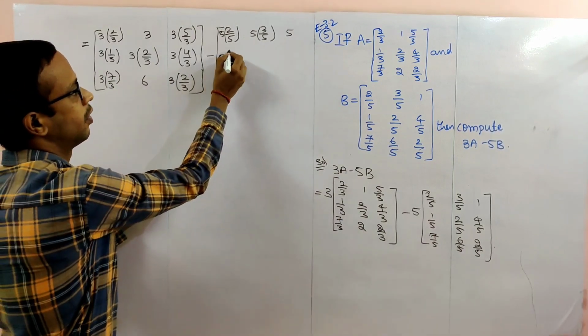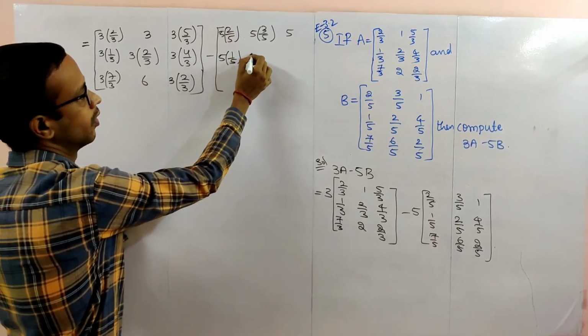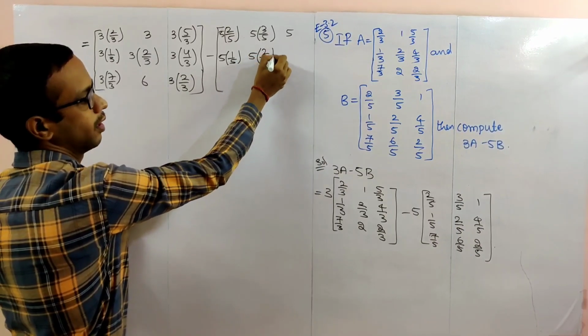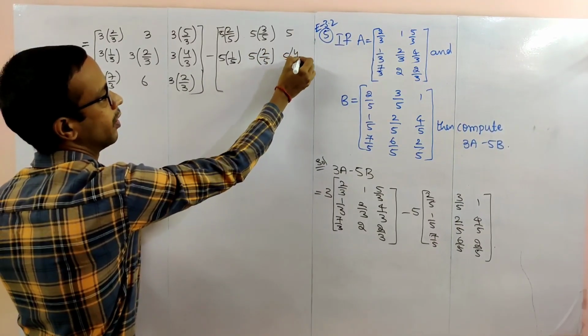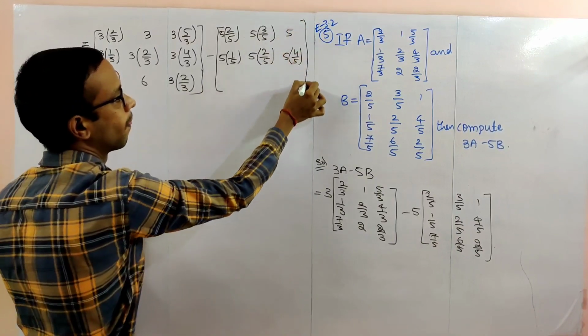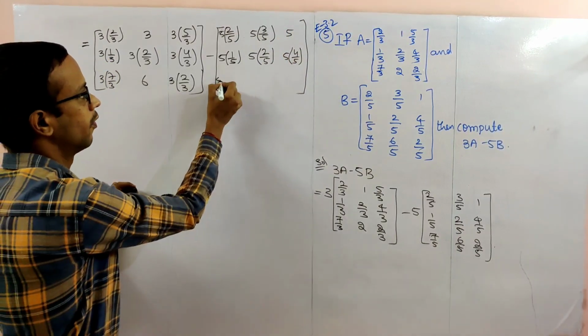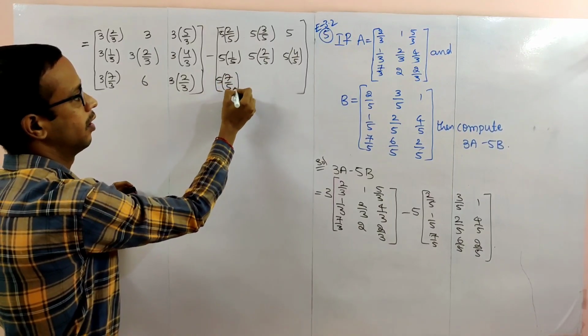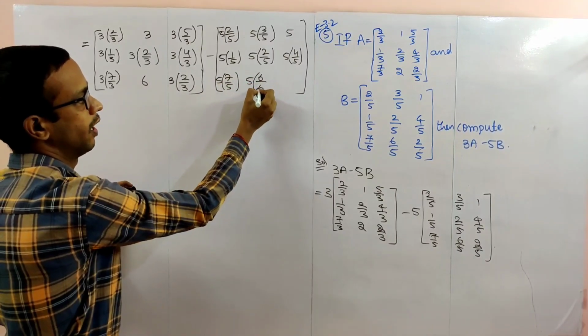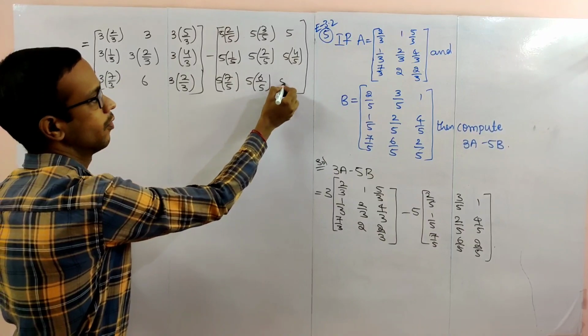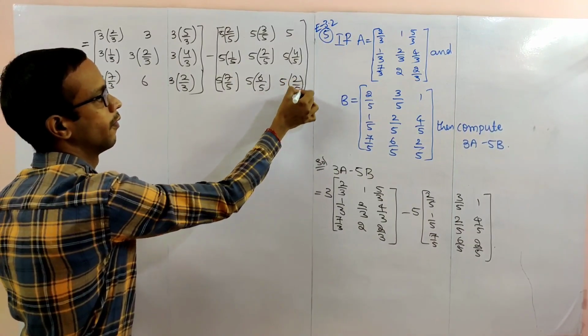Next 5 into 1 by 5. 5 into 2 by 5. 5 into 4 by 5. Next one, last row, 5 into 7 by 5. 5 into 6 by 5. My last one, 5 into 2 by 5.